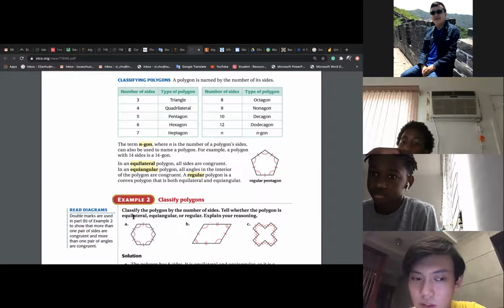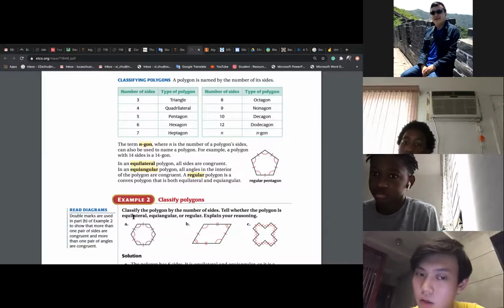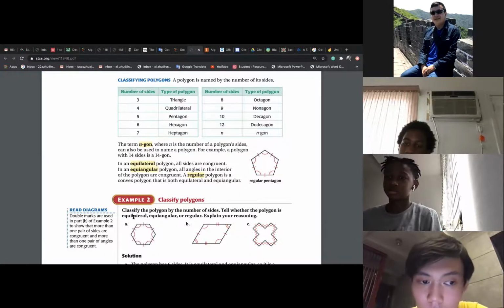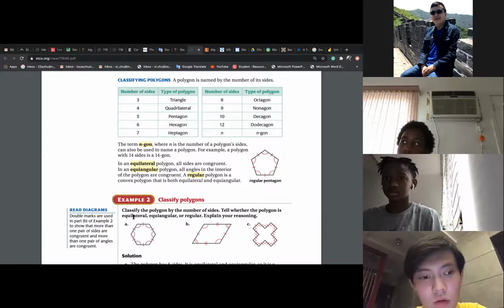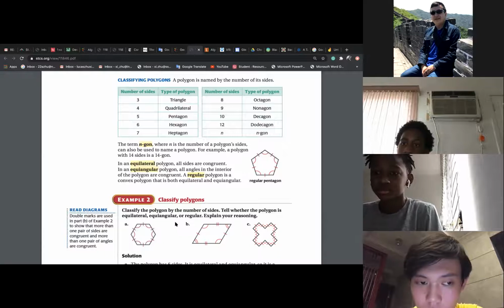Then is it equilateral or equiangular or regular? Regular? No. Are you sure? Equilateral.